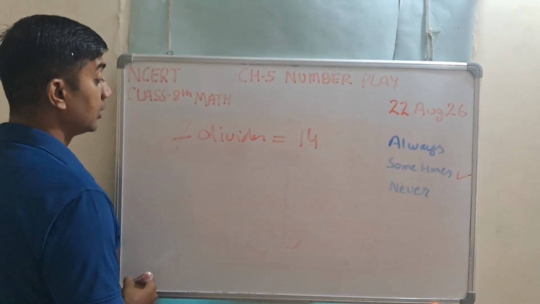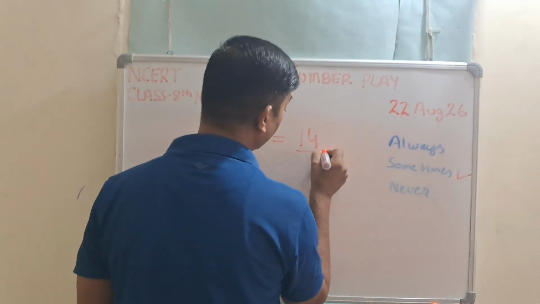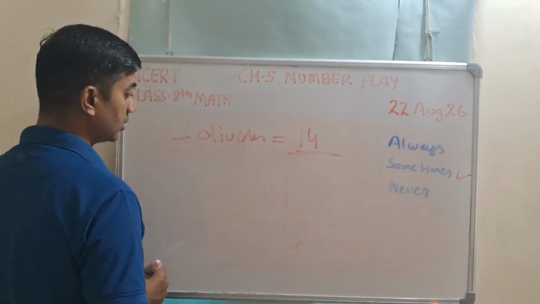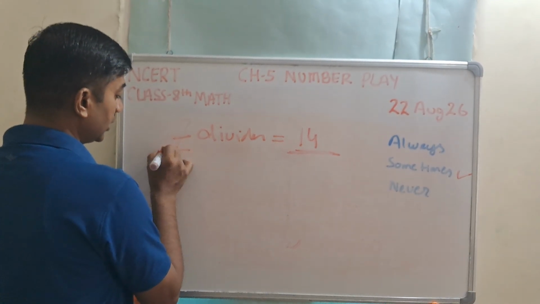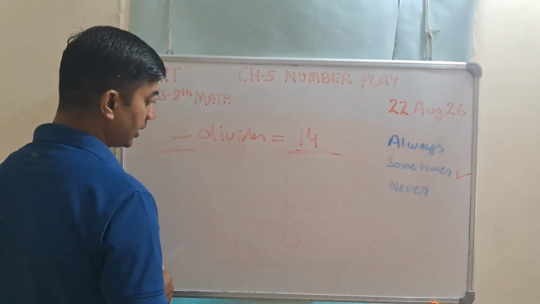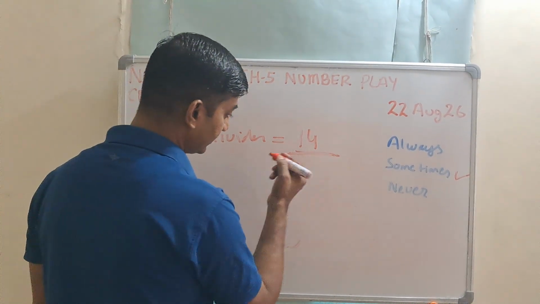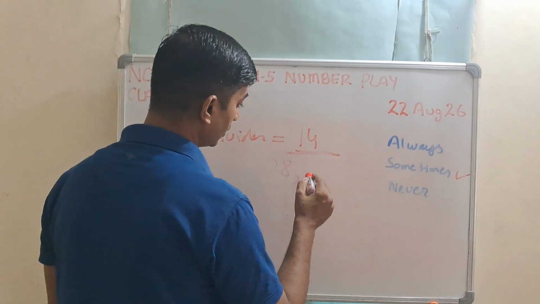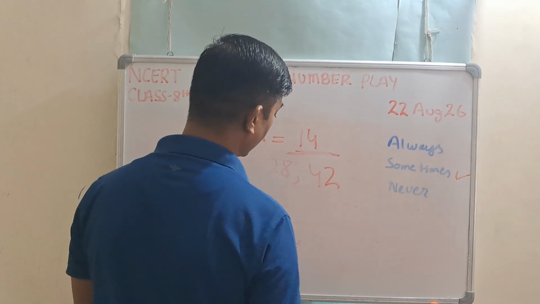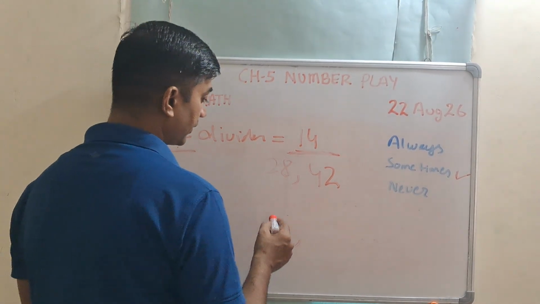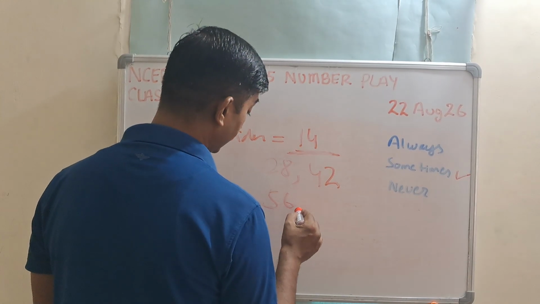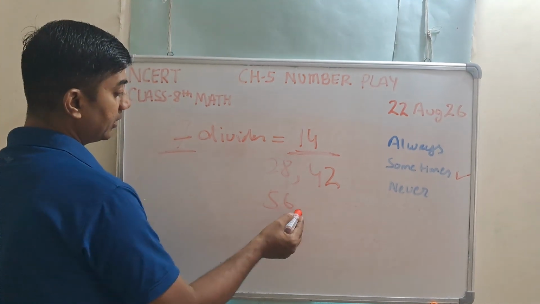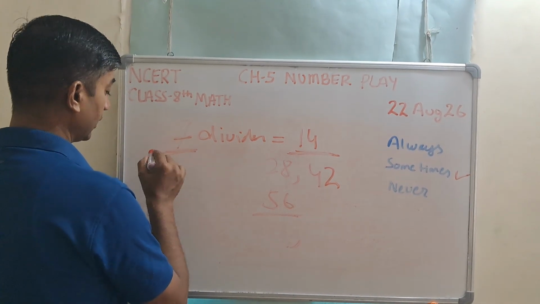Now any multiple of 14 is perfectly divisible by 7. You can see 28, you can see 42, you can see 56, and any multiple of 14. Any multiple of 14 is divisible by 7.